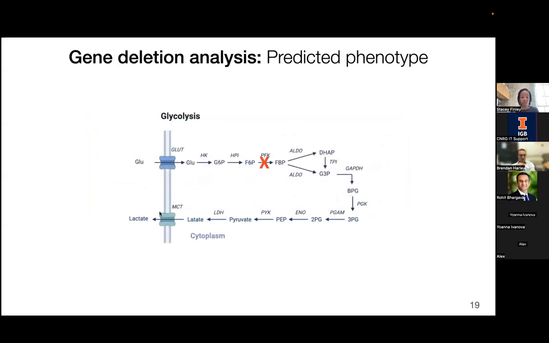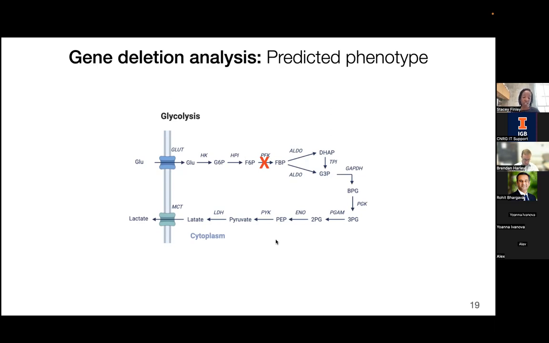Then we can say, using this mathematical framework, can we predict what the effects of different gene deletions might be? And so we can use the model to say, well, if we now set the bound for a reaction such that no flux can go through that reaction, so simulating a gene deletion, how does that influence the resulting flux distribution, but also how does that influence the growth rate?